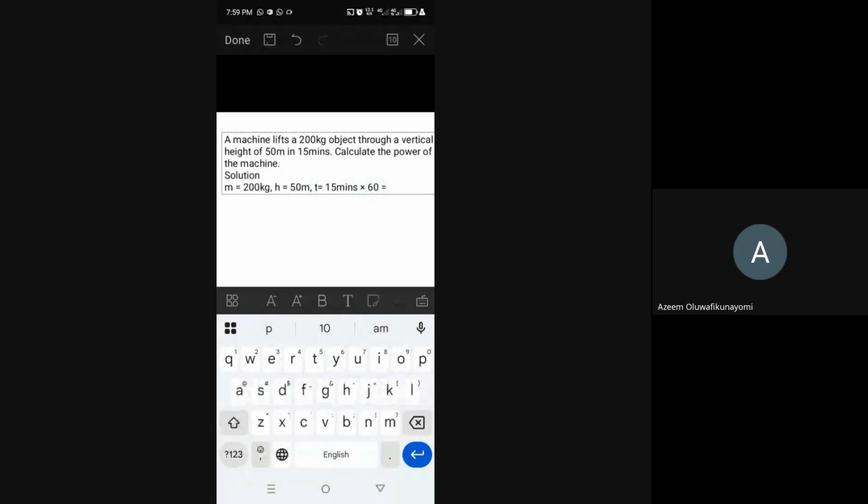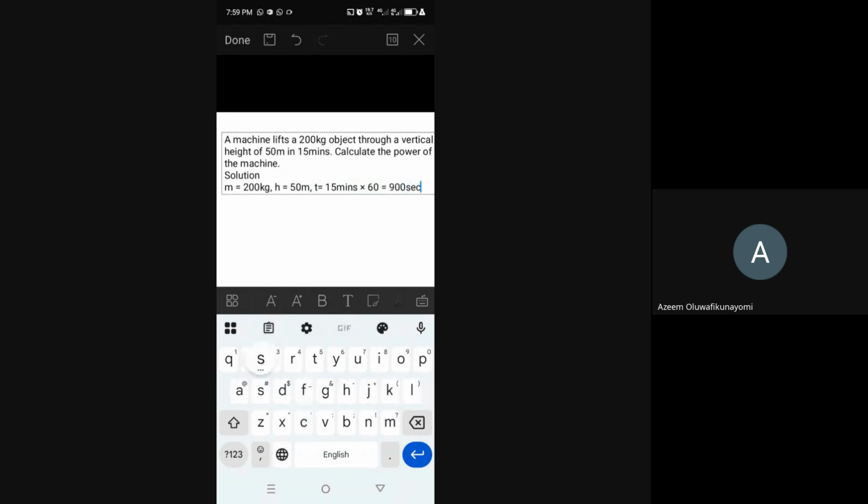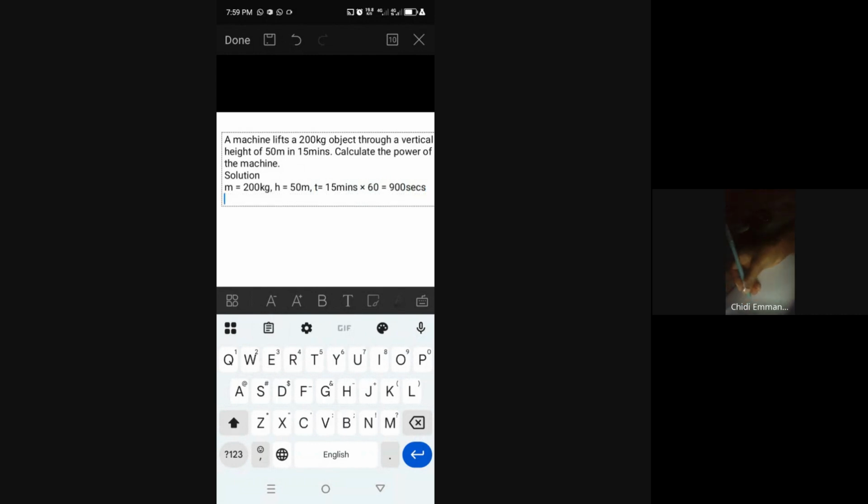Okay, 15 times 60 would give me what? 900 seconds. So I have mass 200 kg, I have height 50 meters, I have time 900 seconds. And the question says calculate power of the machine.